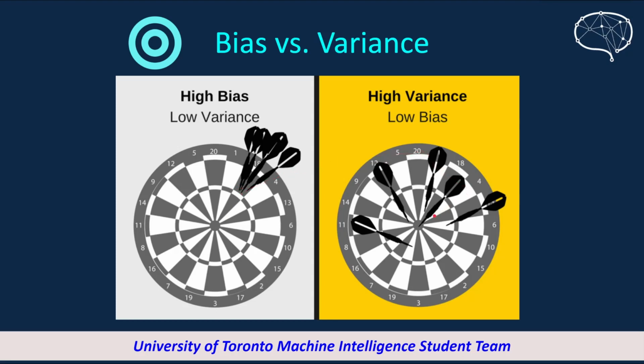But for the overfitting case, you have high variance and low bias. You make predictions that are all scattered around the center, which means they're all off, but they're still around the ground truth point.